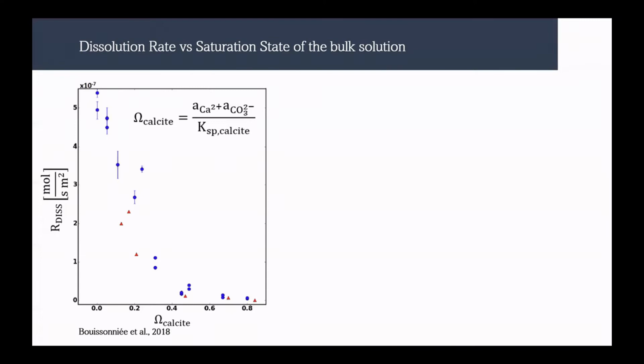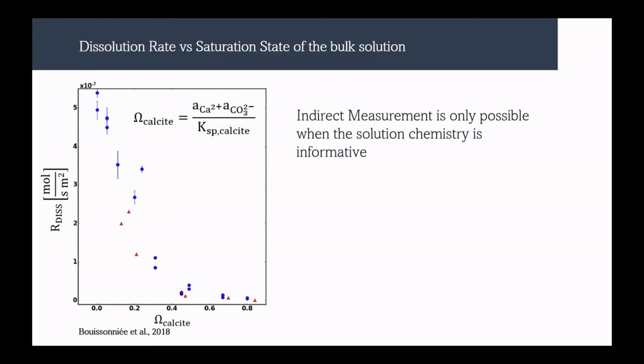Why is it important to have this kind of curves and to know the specific relationship that we have for a given mineral at given conditions? Because the indirect measurement of the dissolution rate is not always possible. This is possible only when the solution chemistry is informative, so when we are able to measure the variation in the aqueous solution, and this is not always possible.